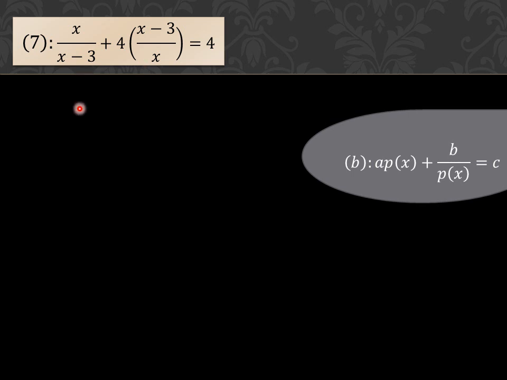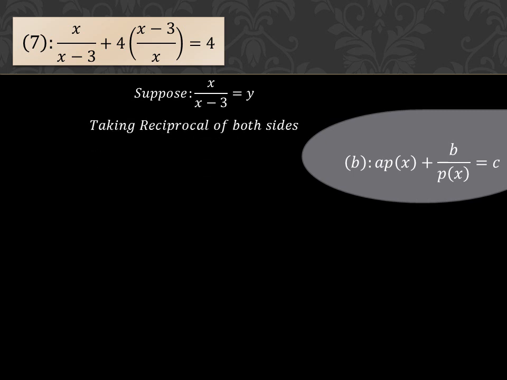So we have to suppose first, taking the first fraction, x over x minus 3, we will suppose it equals y. Now how can we suppose the fraction x minus 3 over x? We will take the reciprocal of our supposed equation.